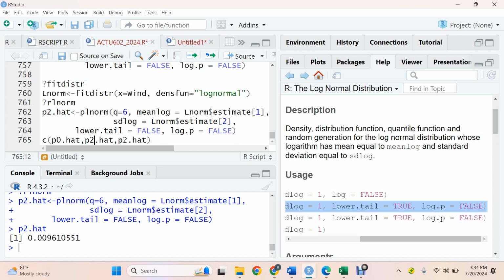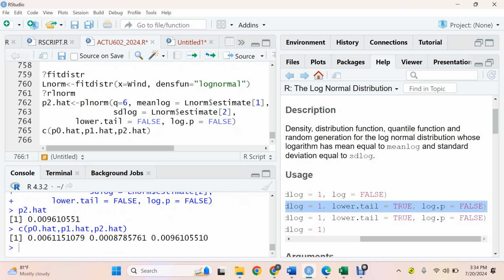This is P1. So when we get a normal distribution, we can also add which one is closer to 0.06. Of course, this one, right? So the log normal is giving us something closer. I can do the same exercise with normal distribution, and then I check. So that's how you evaluate some of this.